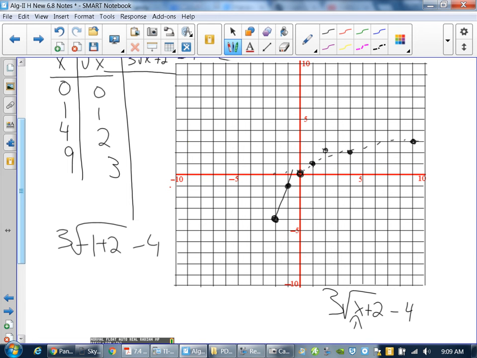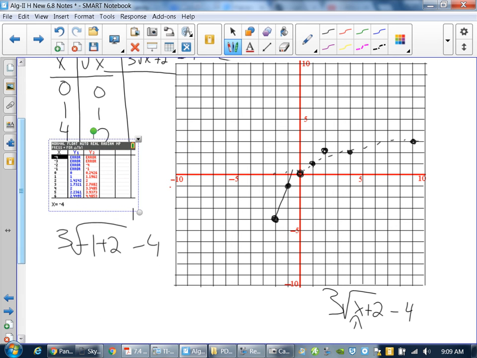Sorry about that. Let's see if I can do this and not screw up on 9. 9 minus 2 is 7. Oh, 9. Yeah, because I moved it left. So X would be 7, right?